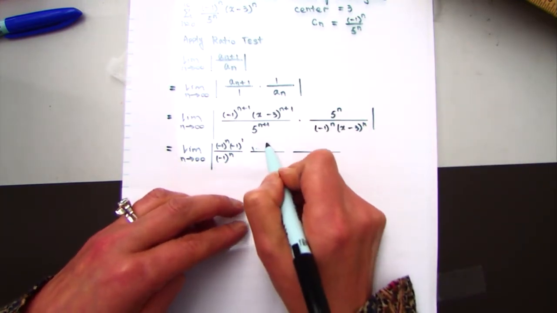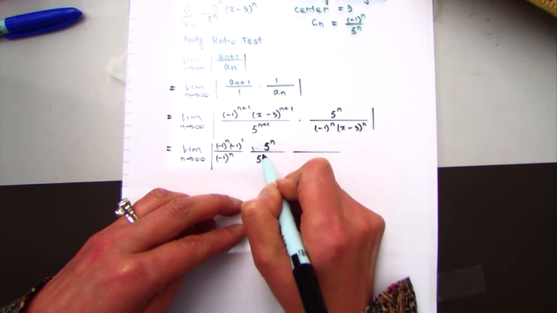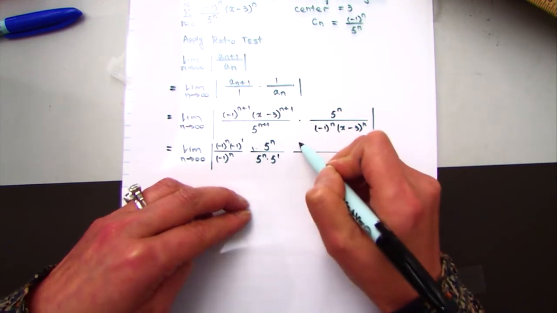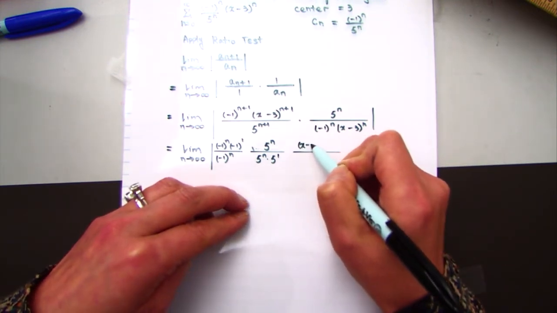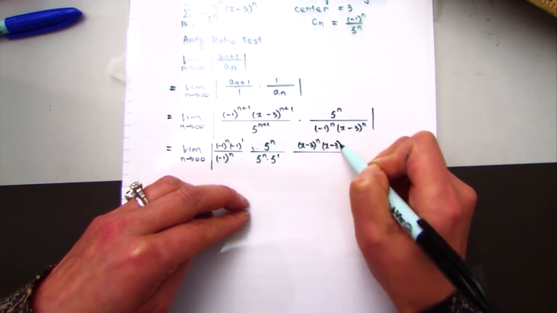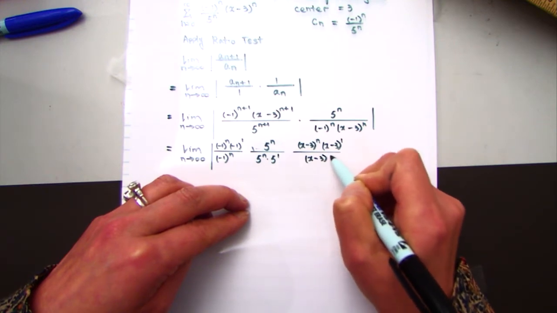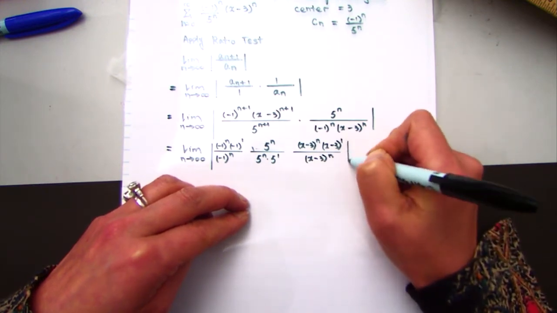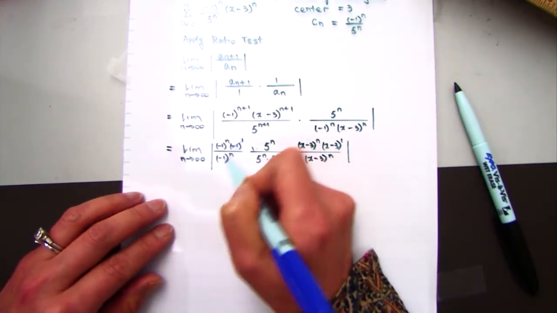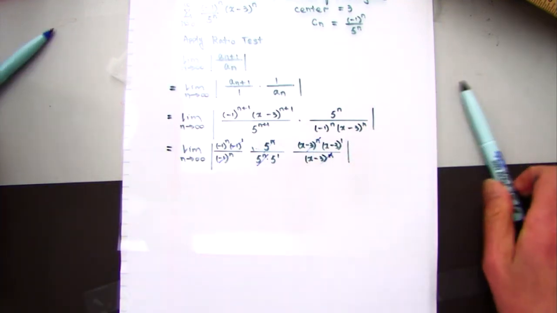So numerator 5 to the n, denominator open up, not x. Denominator. All right. And we cancel out what we can. Woohoo! Clean up, my favorite. Okay.